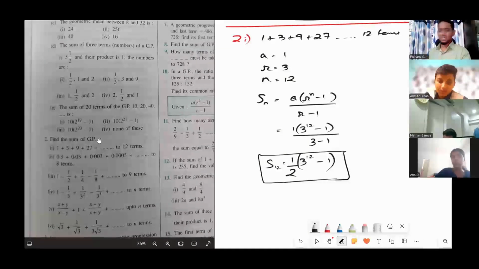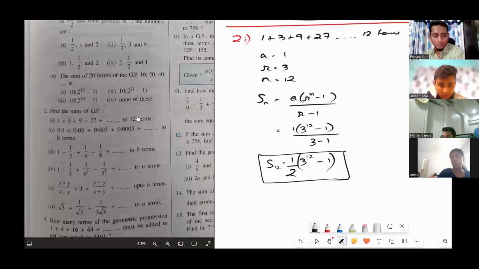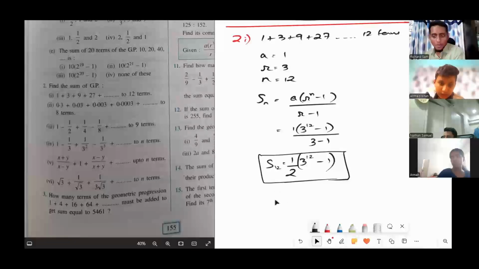I think last year it was there. What are you saying, Amit? In our class we have done this chapter. Oh, you did. So did you do all the sums or a few sums here and there? Which all did you do? Almost all the sums, only 4 or 5 sums ma'am gave for homework.